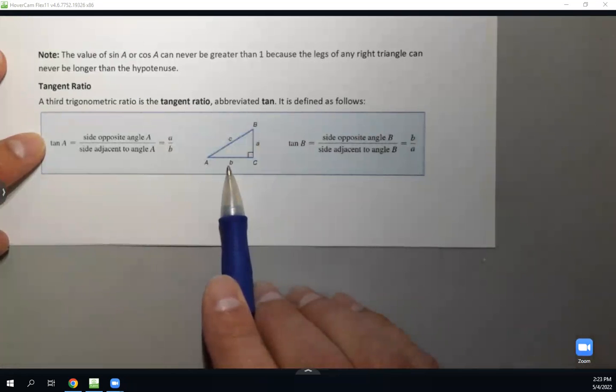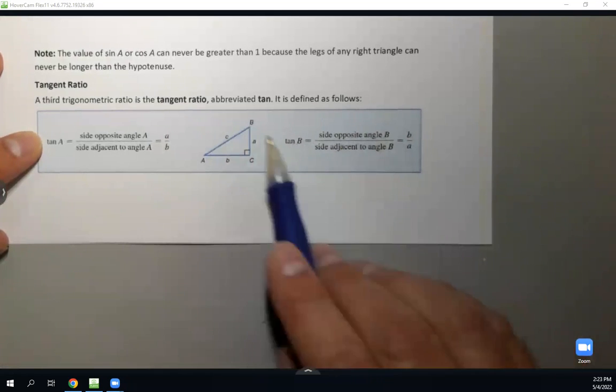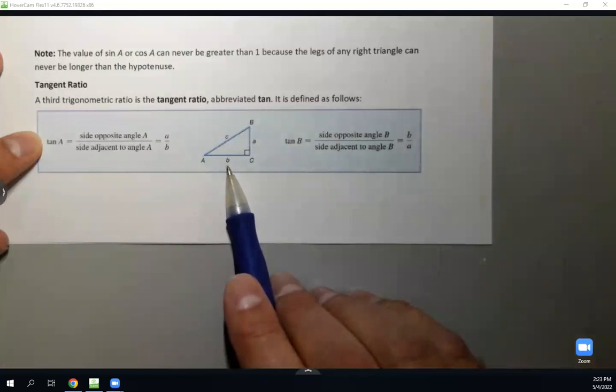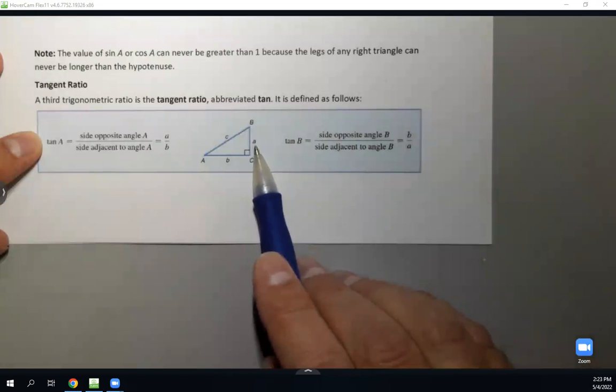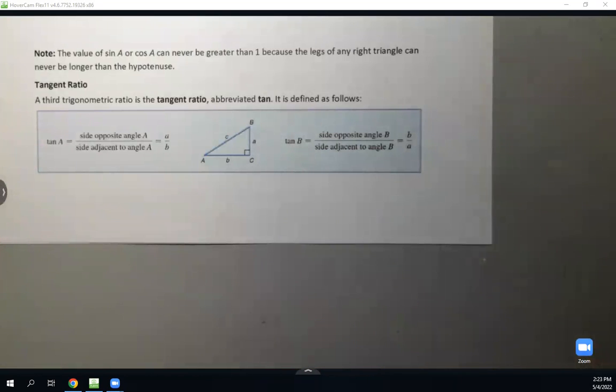The tangent of angle B will be the side opposite angle B, which is b, over the side adjacent to angle B, which is a. Opposite over adjacent. That is the tangent function.